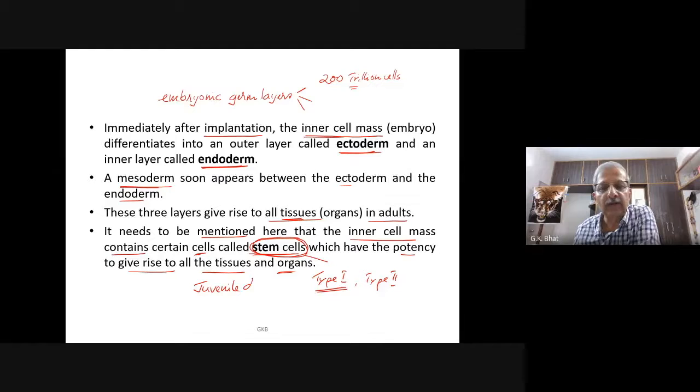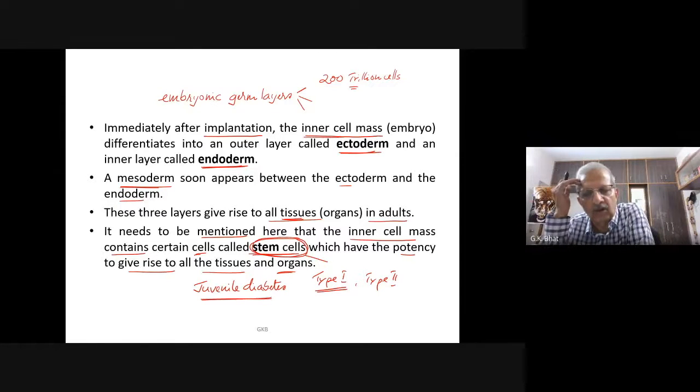In juvenile diabetes, insulin is not produced at all by the islets of Langerhans. Right from the beginning, this juvenile diabetes is seen in people of your age, in young age, where the islets of Langerhans totally fail to produce insulin.